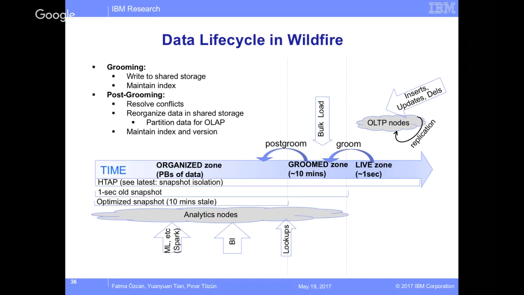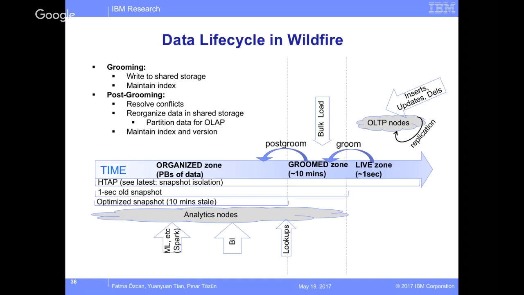And also, most of the time, how you want to query the data is very different from how you want to ingest the data. For data ingestion, we have a sharding mechanism. But for query, you may want to query on a different key from your primary key or sharding key. So we allow you to reorganize the data in the shared storage in a different way so that it's better for OLAP queries.